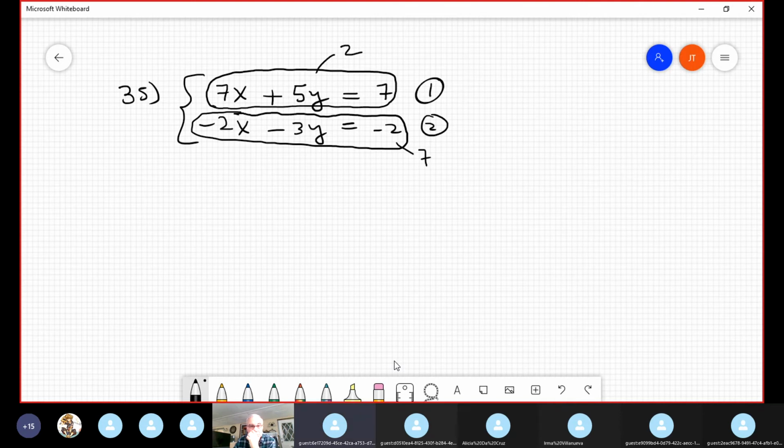Good. 7 times 2, 14. 2 times 5, sorry. 2 times 7 is 14 again. This is my equation 1 after the multiplication. Multiplication by 7, then negative 14.